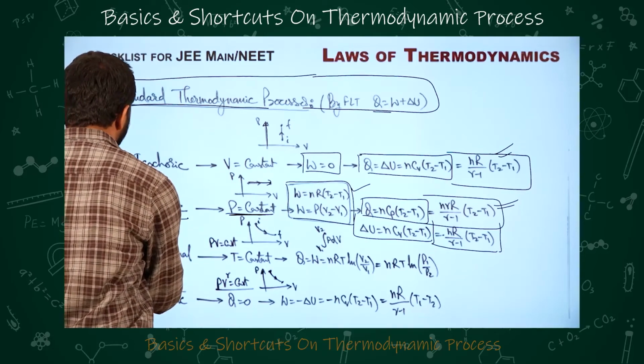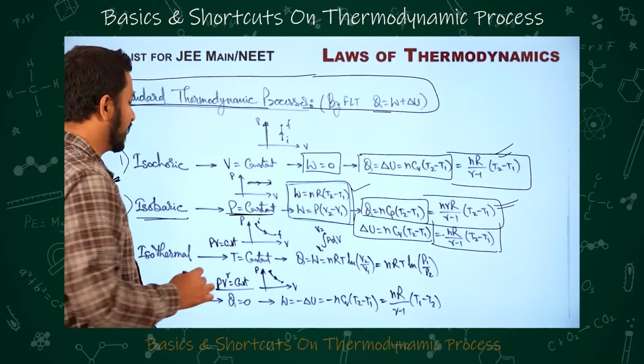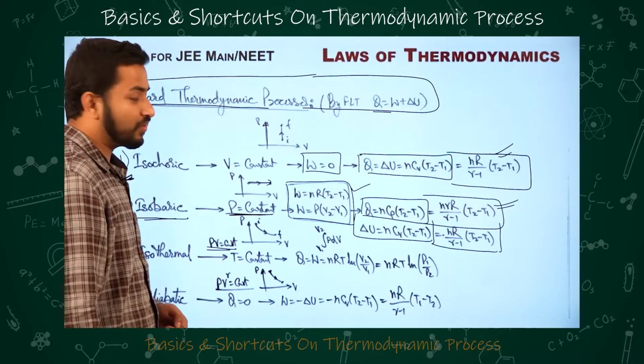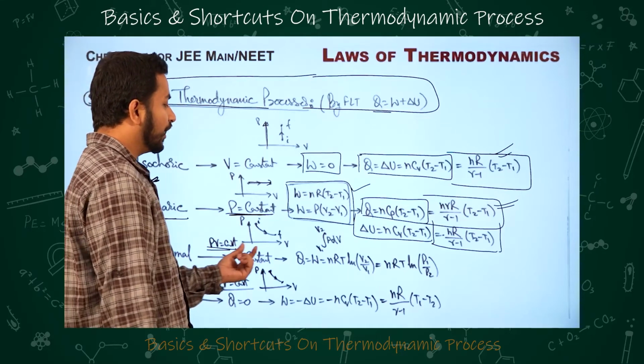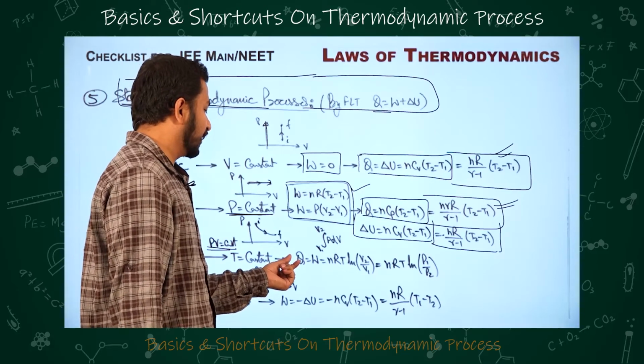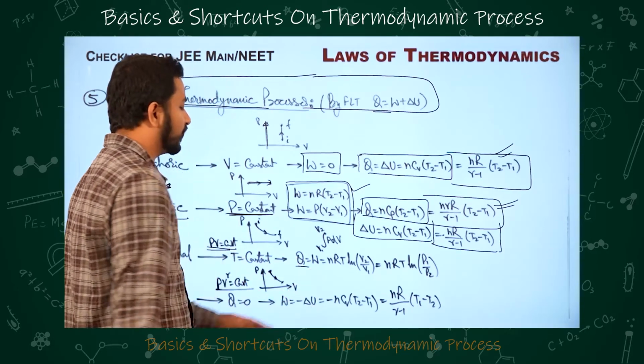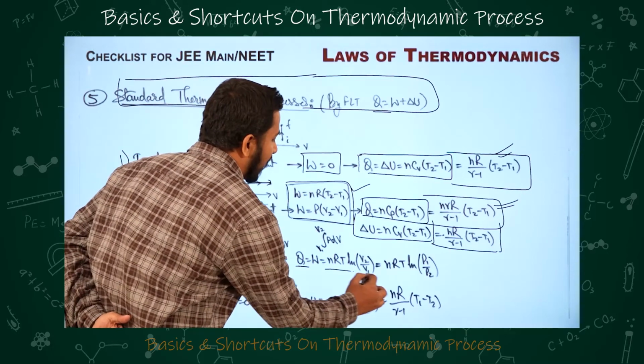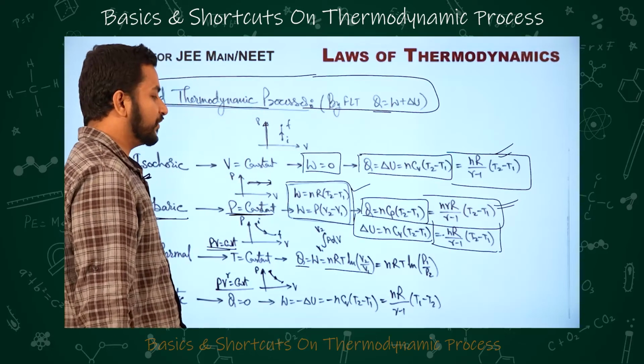The next section we take is the isothermal process. In an isothermal process, PV is equal to constant, T is constant here. For such a process, Q will be equal to W, and we can write it as nRT log V2 by V1.